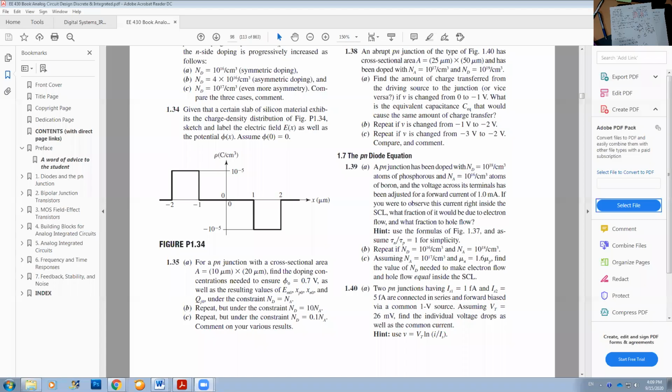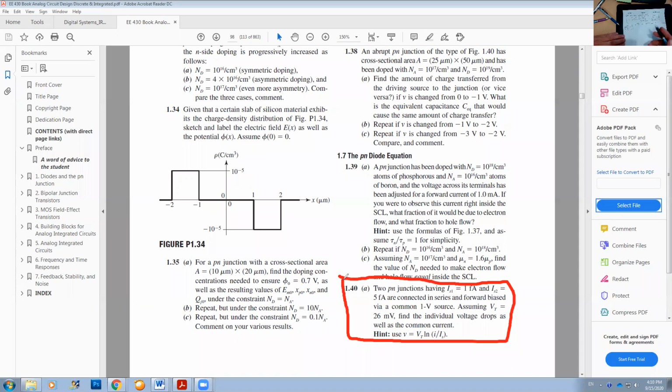Okay, we're going to solve this problem, problem 1.40 on page 98.